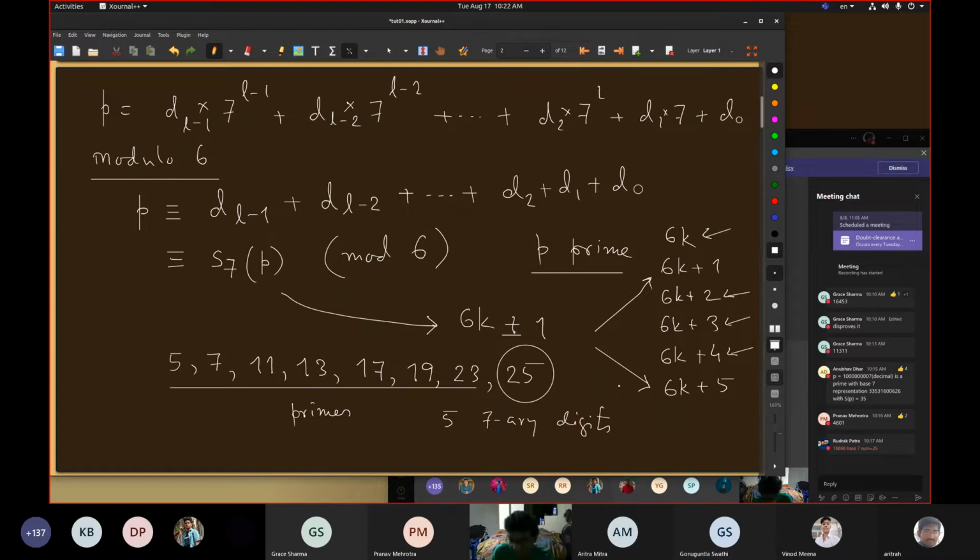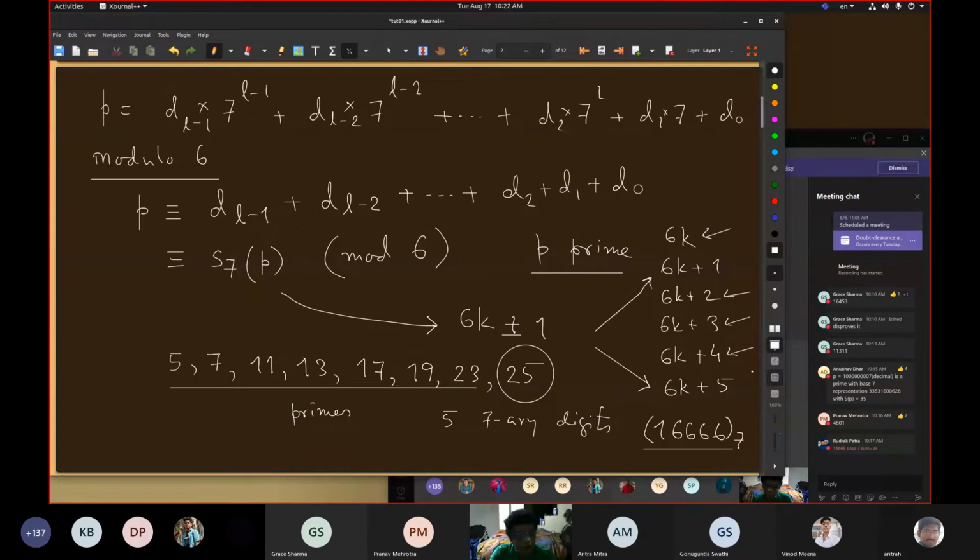So I need at least 5 base-7 digits. The smallest such number is what you have written, 1, 6, 6, 6, 6. This is base 7. The sum is 25. And it turns out that this number is actually a prime, which is 4801. So this is the maths behind it.